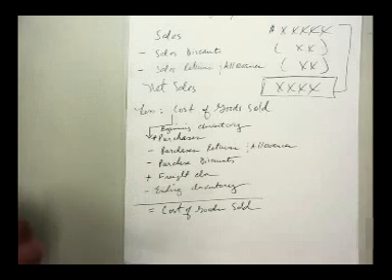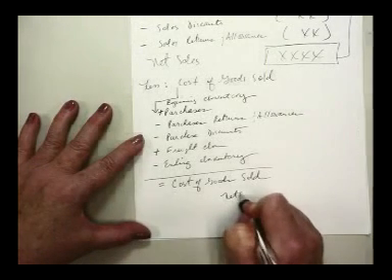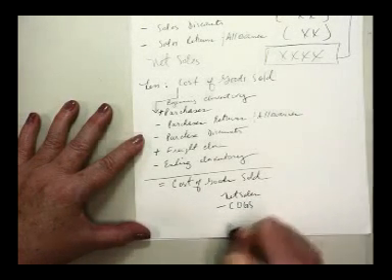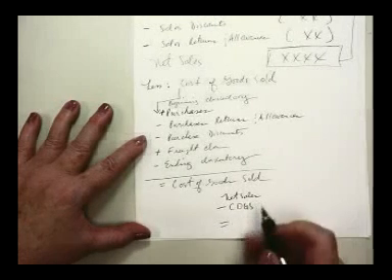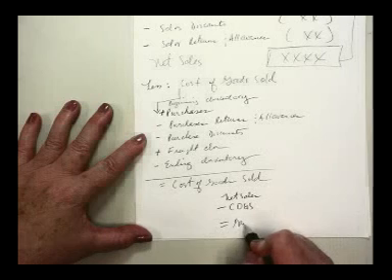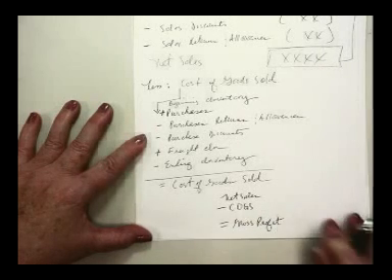Subtract out our ending inventory, we get eventually to cost of goods sold. So again, eventually, net sales minus cost of goods sold equals gross profit.